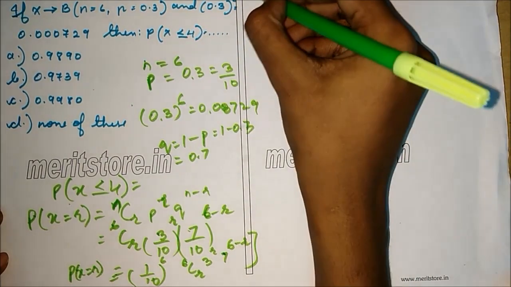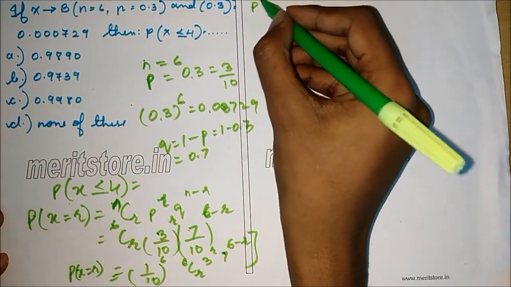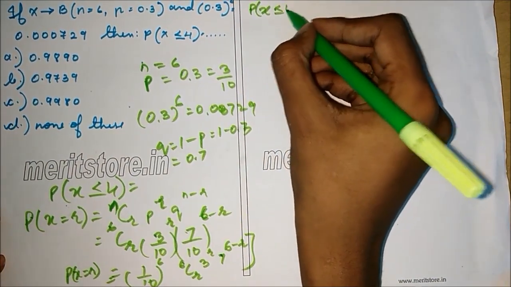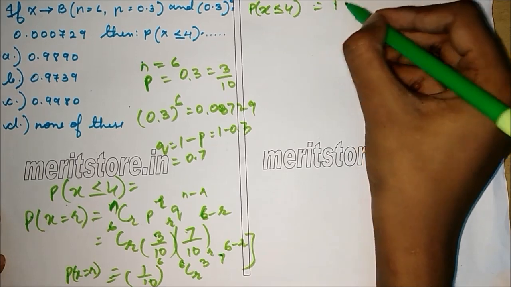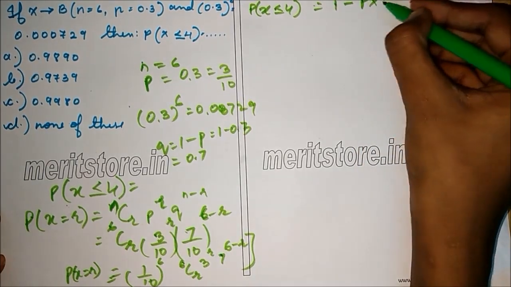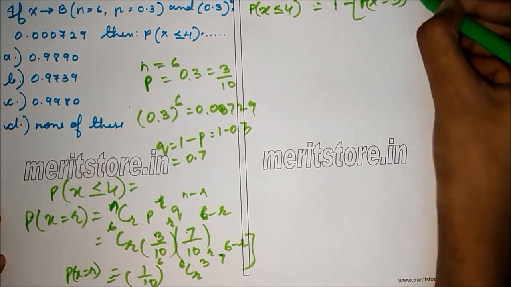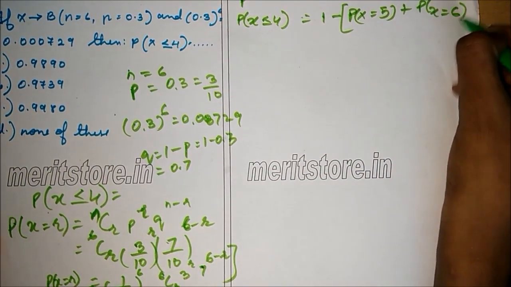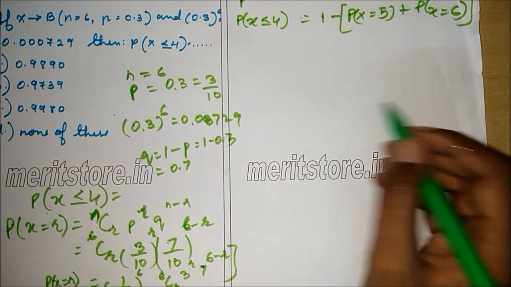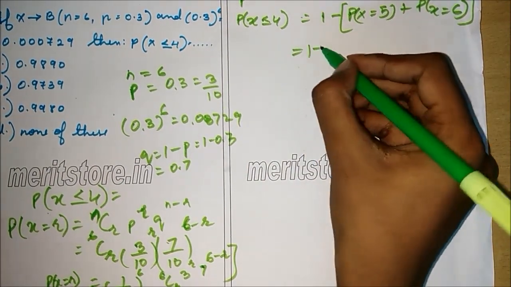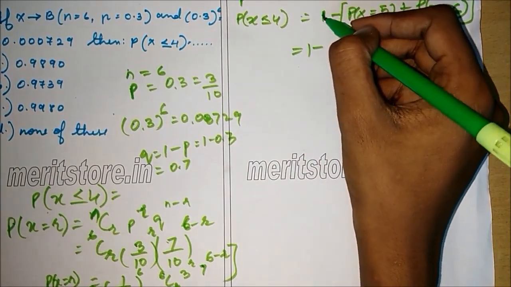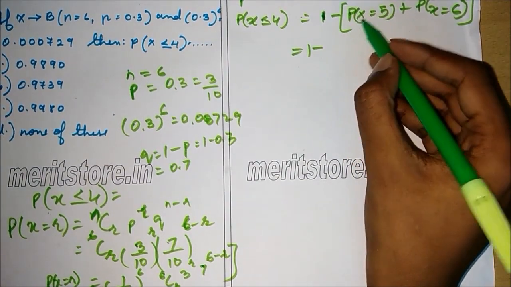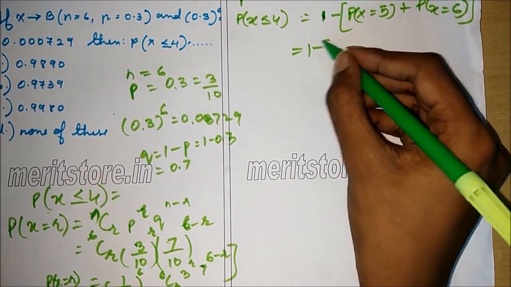So now P of x less than or equal to 4 is 1 minus P of x equals 5 plus P of x equals 6, that is 1 minus none property. So this will be 1 minus, this is the total probability, which is 1. So P of x equals 5, so r is 5 in this case.